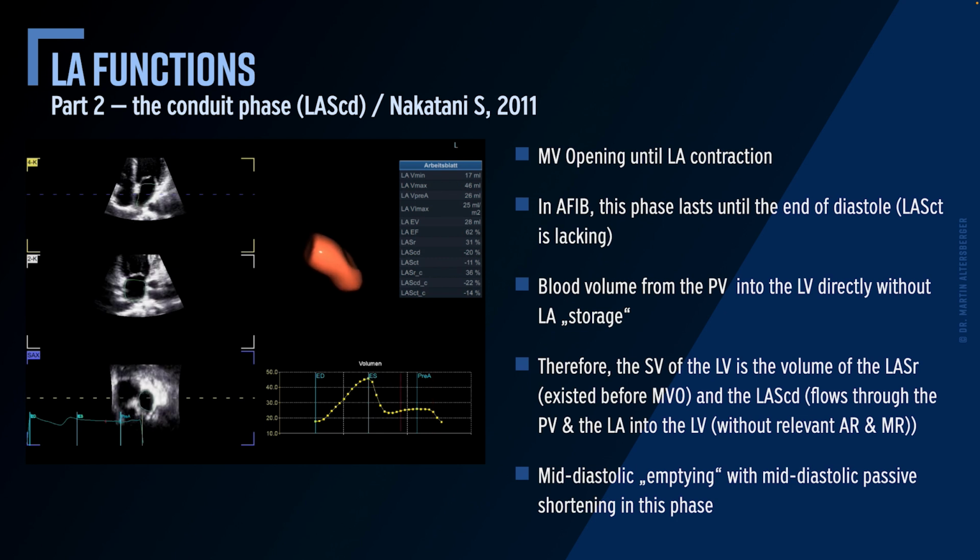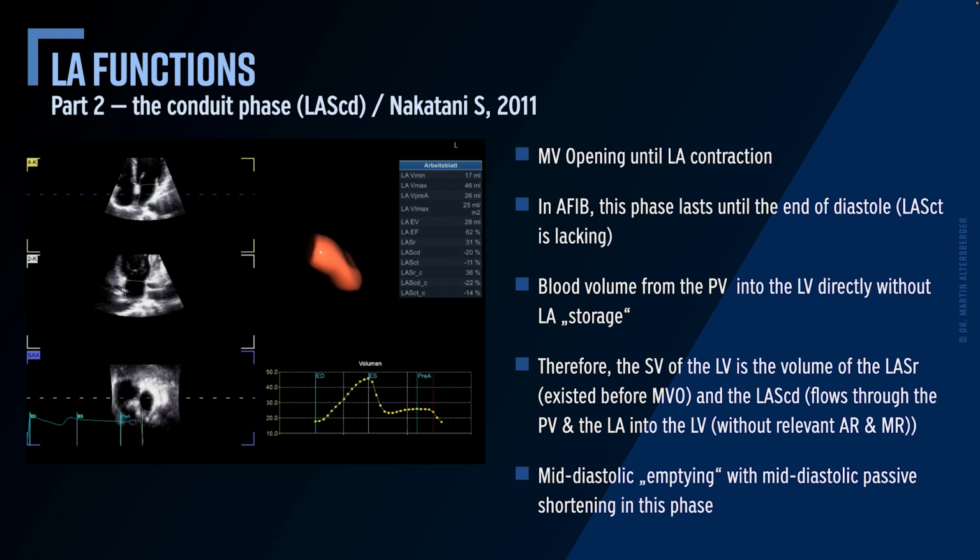So in atrial fibrillation, of course, this phase lasts until the end of diastole, because we do not have a left atrial contraction phase, because the LASct, left atrial strain contraction, is missing. Blood volume from the pulmonary veins is now directly forwarded into the left ventricle without this left atrial storage in between.